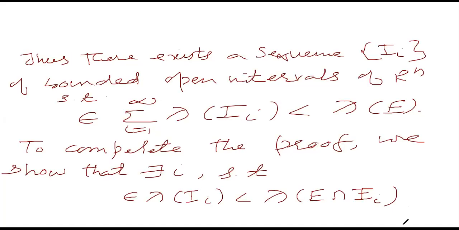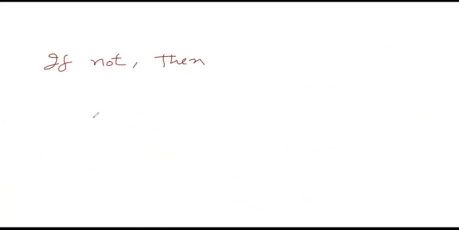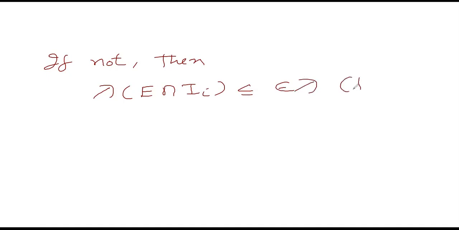Now if not, then the reverse inequality will hold for each I. Then the Lebesgue measure of E intersection I is less or equal to epsilon times the Lebesgue measure of I. So this is the case.